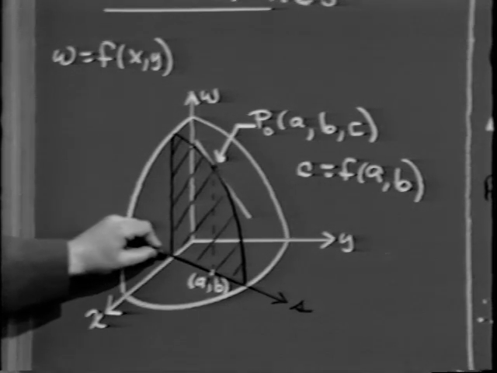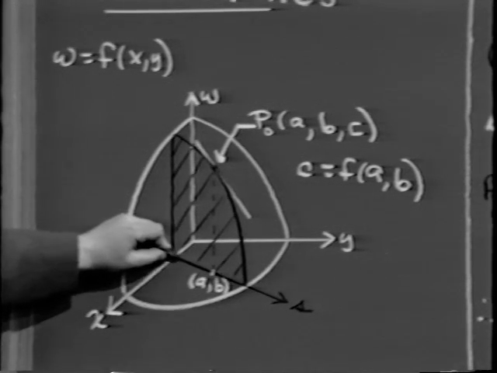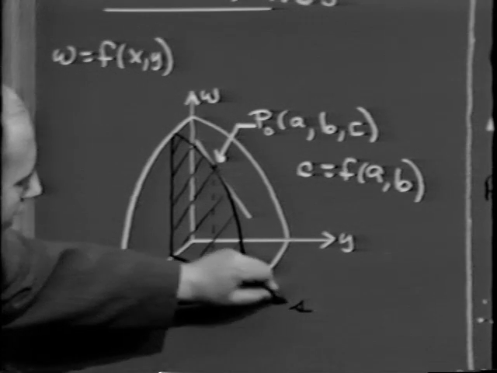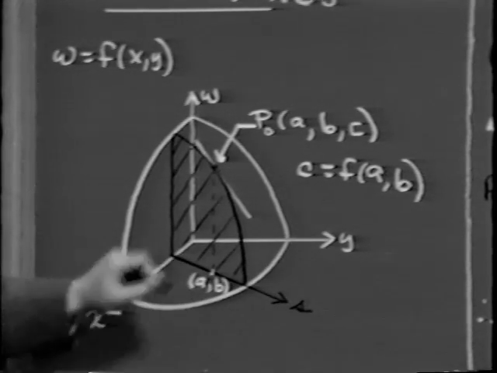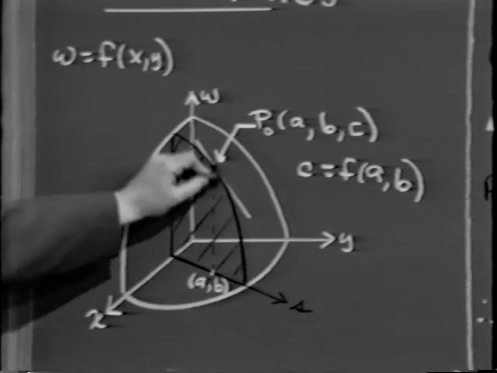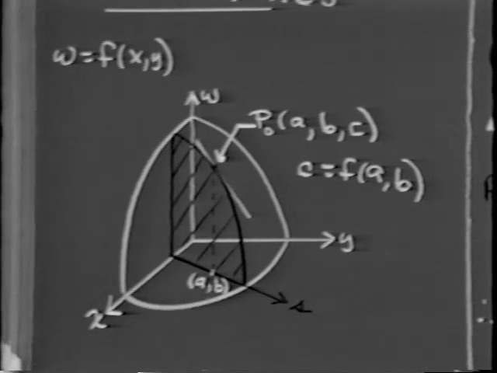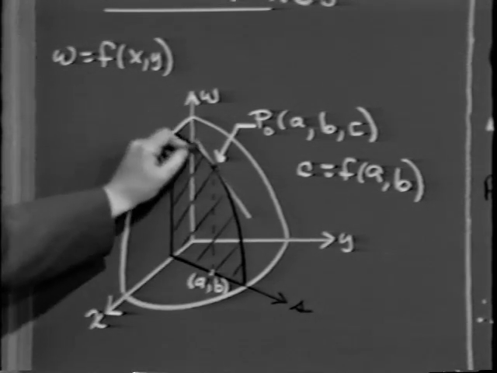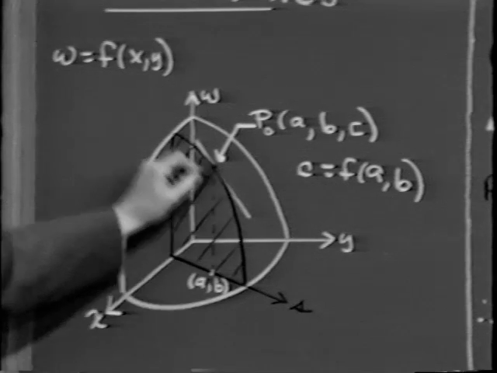And now what I'm saying is, if I now take the plane that passes through this direction s, perpendicular to the xy plane, that plane will also intersect this surface passing through the point P0. I get a curve of intersection, and I can talk about the slope of that particular curve.